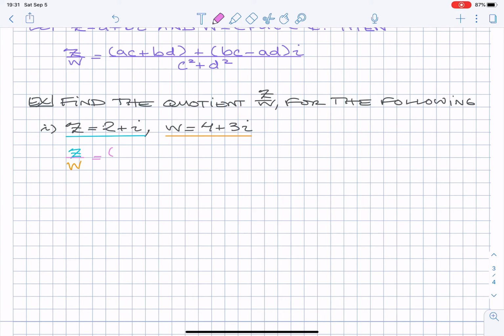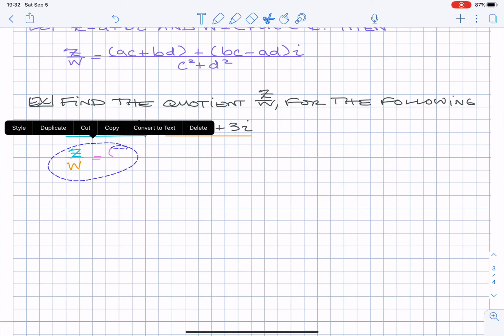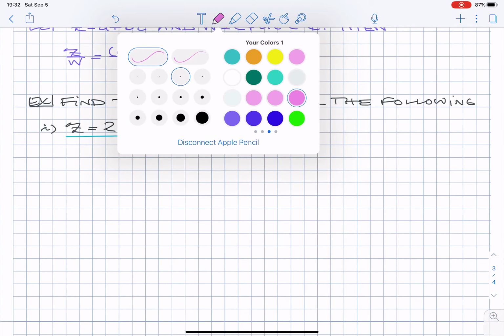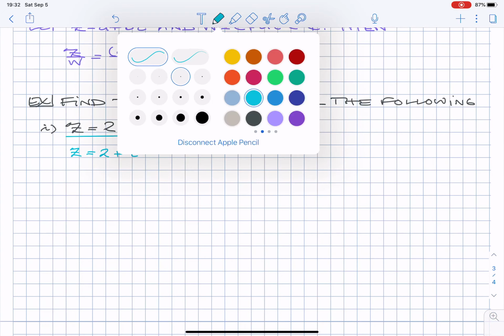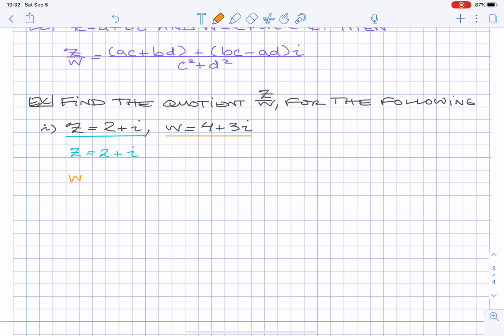So let's look at it. a times c, would it be easier if I put them vertically? Probably. But a times c is real times real. Yeah, let me go back. Let me write them out in their colors. So z is 2 plus i, and w is 4 plus 3i.